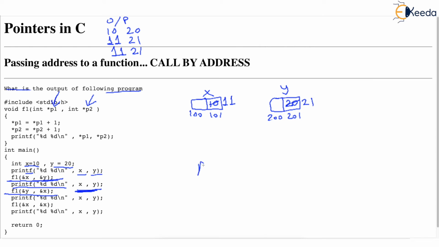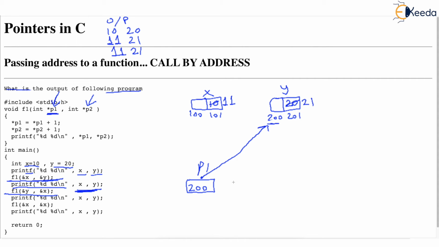So if we show p1, what address is p1 storing? Just check. This first pointer p1 is storing address of y because we have passed address of y first. That means address of y, which is 200, would be stored by p1. So p1 is a pointer which is now pointing to y.